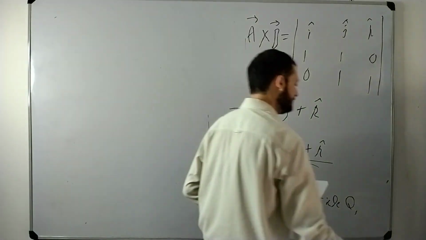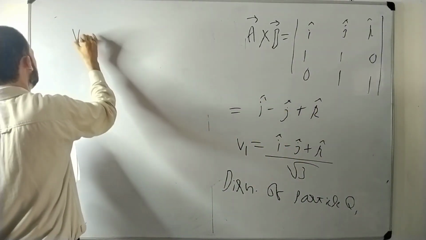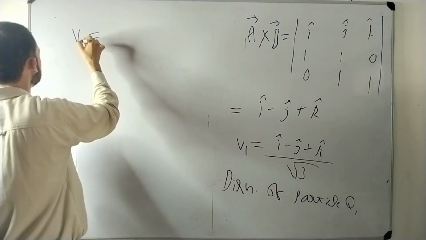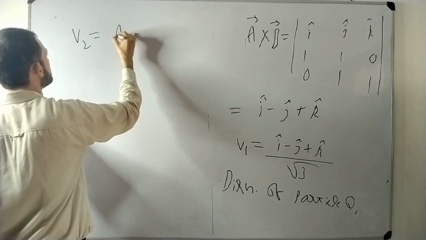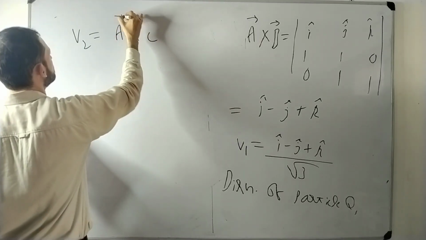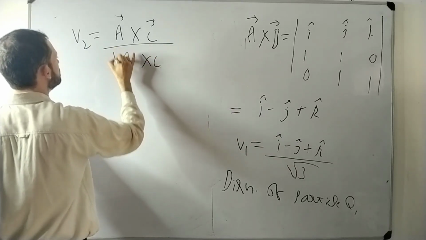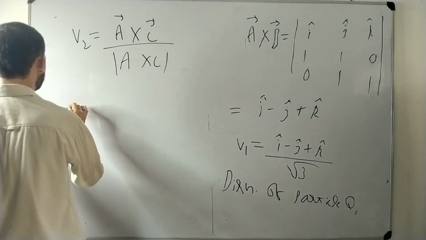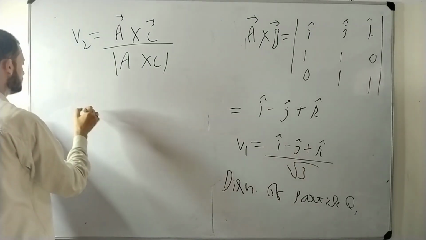I'm taking it to be V2, and this comes out to be, you can actually take VP here or VQ here, anything you like. A cross C, and this is A modulus. This comes out to be, because in this plane, A and C plane it is, according to the question.